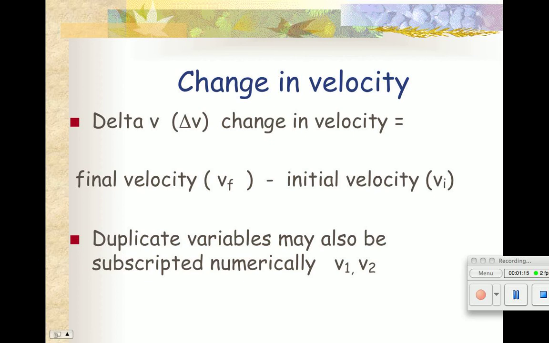Depending upon your science textbook, they'll use VF and VI for final velocity and initial velocity. Sometimes they'll use V1 and V2, where V2 is the final velocity and V1 was your initial. This was my first velocity, this is my second velocity. Depending upon which book you have, I just wanted you to be aware of the variations that you might see.